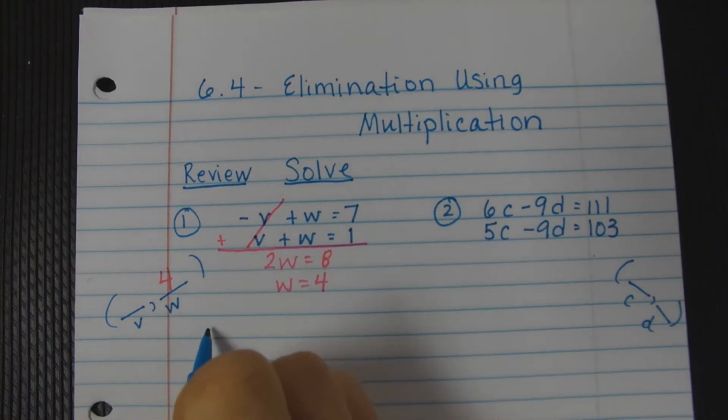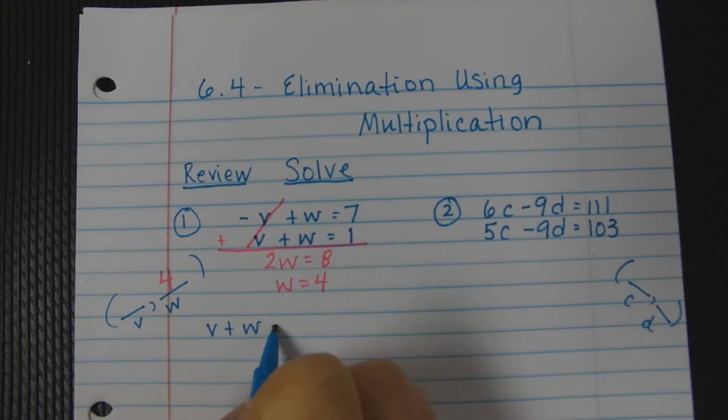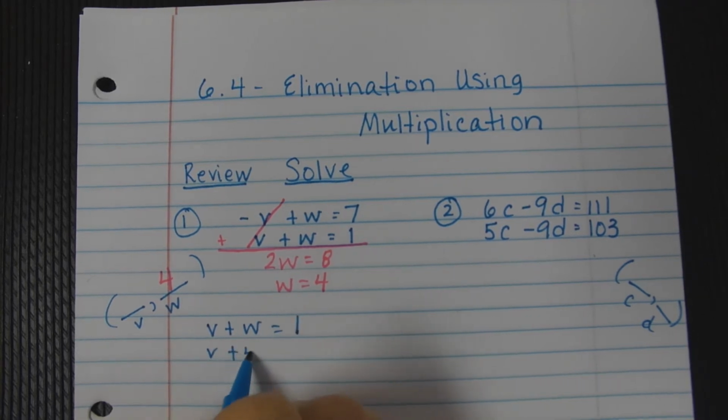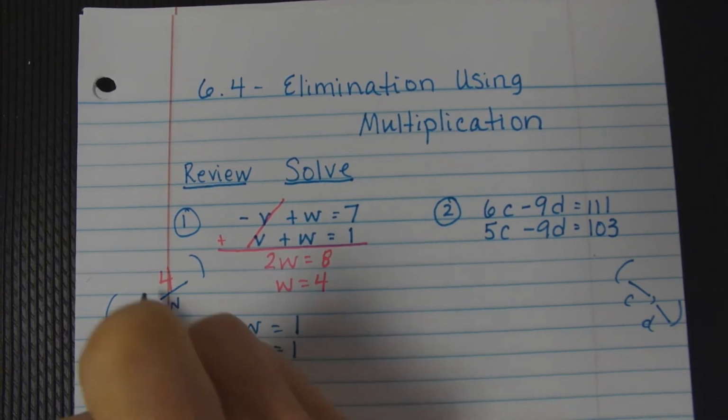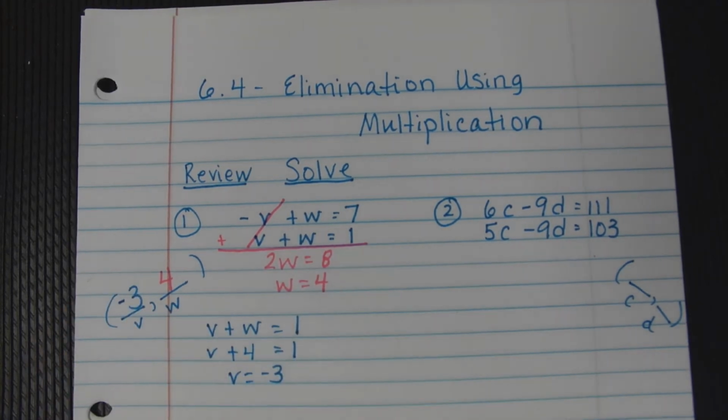And I'm just going to choose the second one. So I know V plus 4 equals 1. What is V? 3. Good. So when they are graphed, -3, 4 is where they intersect. Okay? Any questions? Okay, that's review.